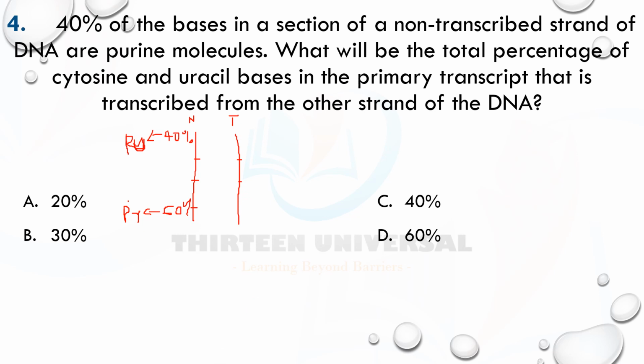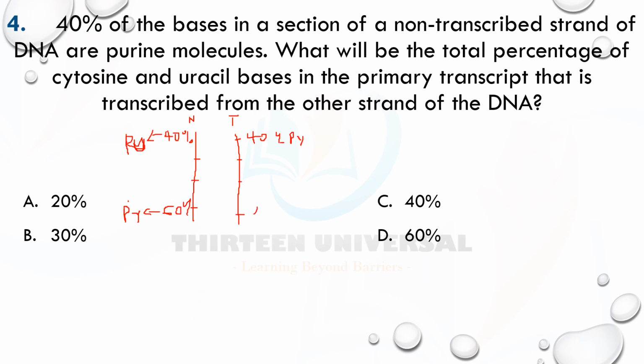Let's crack this question. So that means 40% will be pyrimidines here. Remember, our symbol is Py for pyrimidines. Now if I have 40% of pyrimidines there, that means 60% purines in this first strand, because purines bind with pyrimidines.